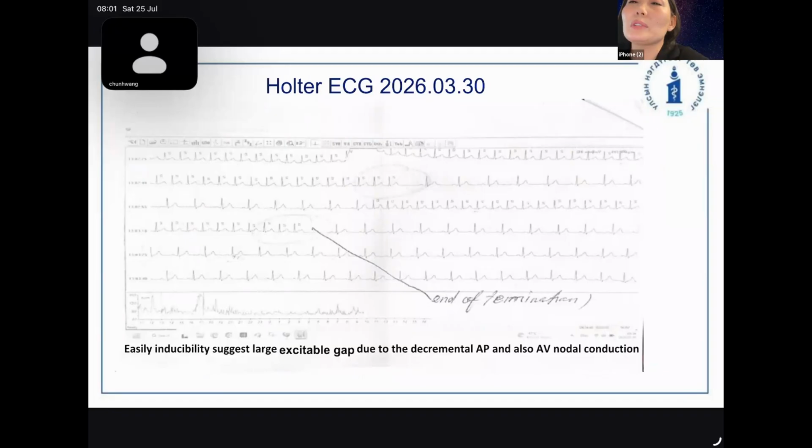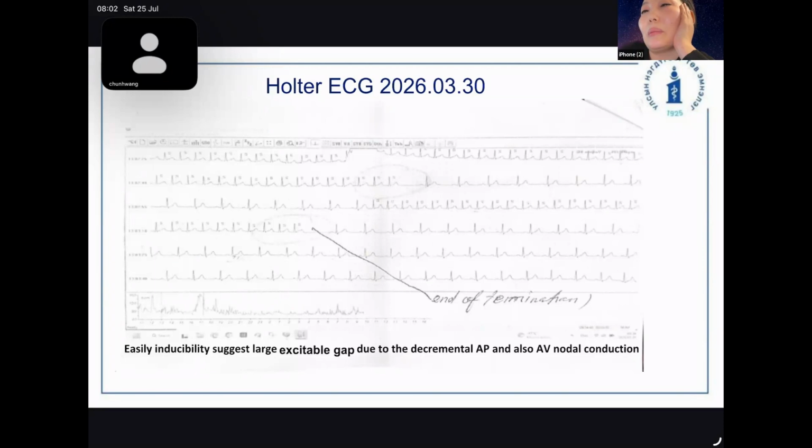Also, we performed 24-hour Holter monitoring. During the Holter monitoring, several episodes of tachycardia were documented. The tachycardia was easily induced by a single APC and was sustained. The easy inducibility suggests the tachycardia mechanism is more likely reentry, and also the entrance-to-exit length is long, which suggests a large excitable gap.